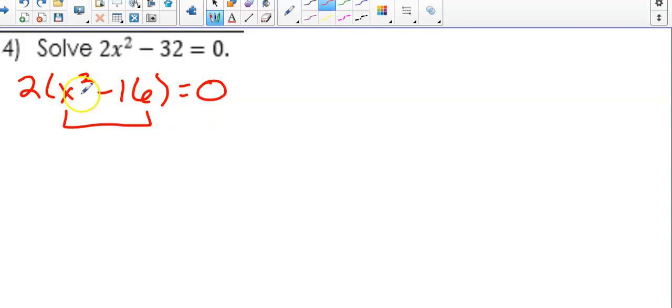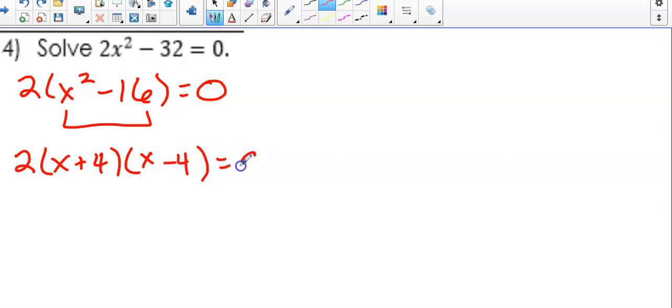So x squared is a perfect square, and 16 is a perfect square, and we're subtracting them. So when we have a difference of 2 squares, one parentheses gets a plus, one gets a minus. So the square root of x squared is x, and the square root of 16 is 4. Okay, so this is factored out.